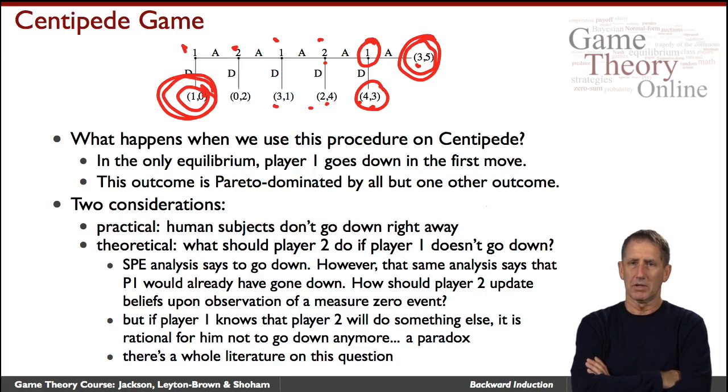But that same argument told player 2 that player 1 would have gone down right off the bat. But they didn't. So maybe they won't go down again. But what will they do? Fundamentally, what happens here is you have an event of going across that the standard theory tells you will happen with zero probability. How do you condition on an event that had zero probability prior?